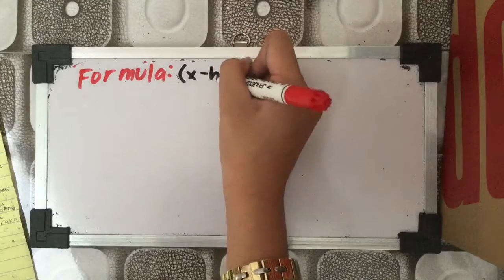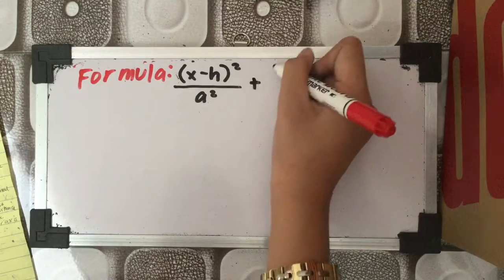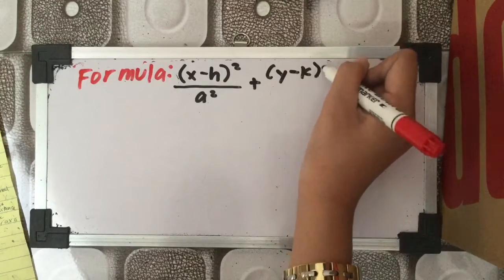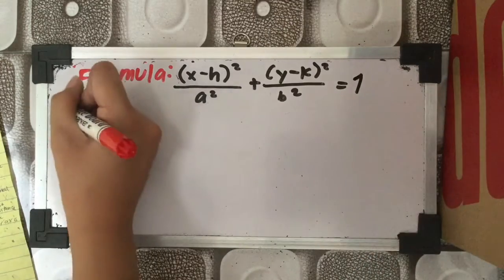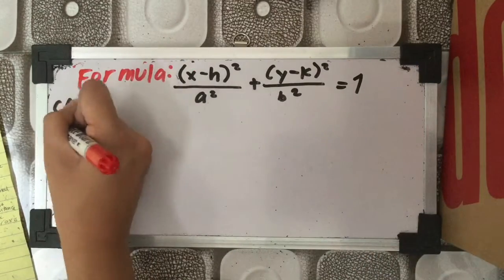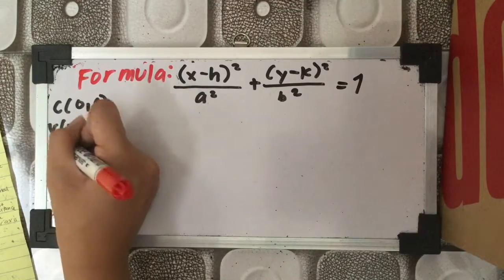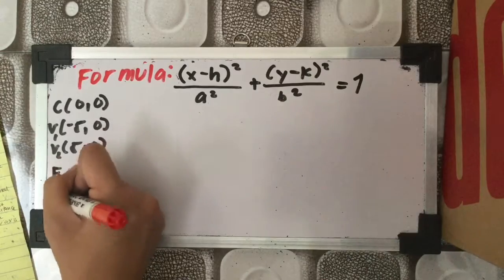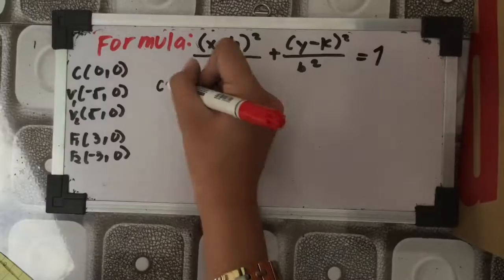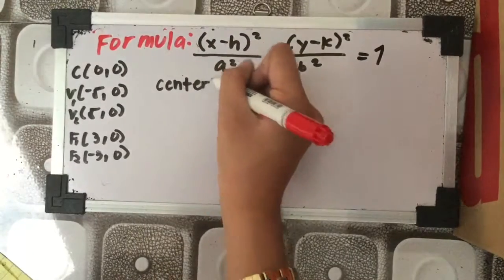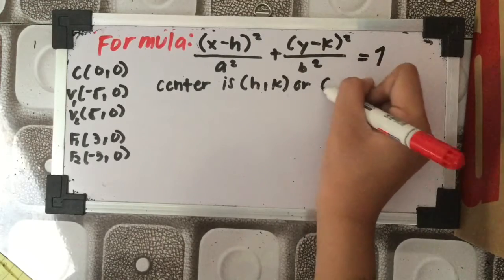So, to find the center of an ellipse, we will use the formula: the quantity (x minus h) squared over a squared plus the quantity (y minus k) squared over b squared is equal to 1. Since there is no h and k value, the center will be at the origin.